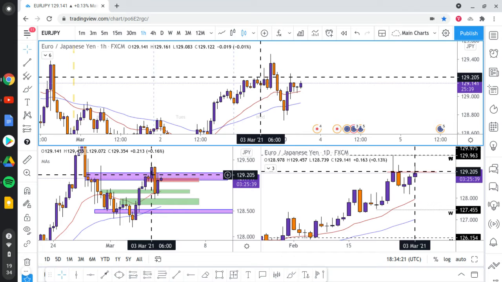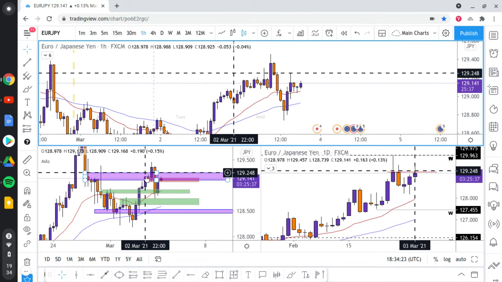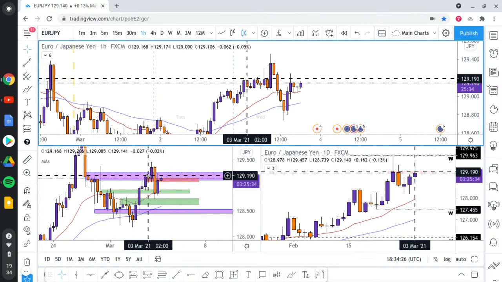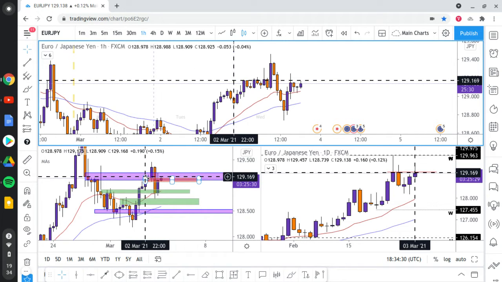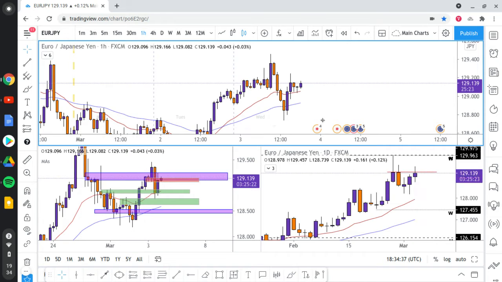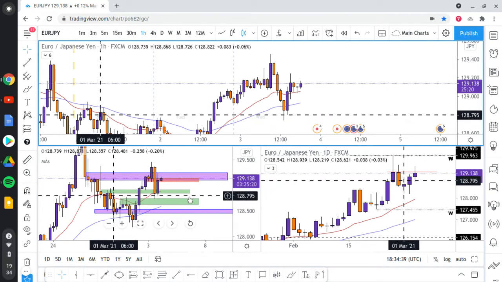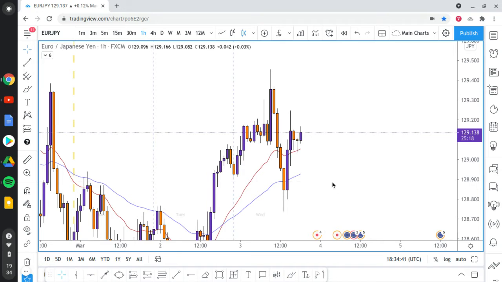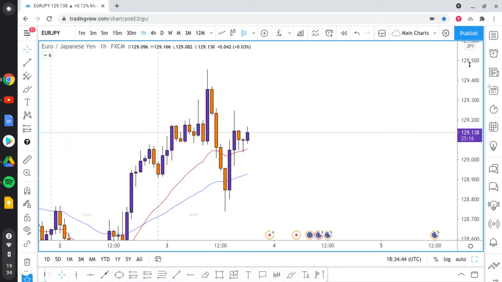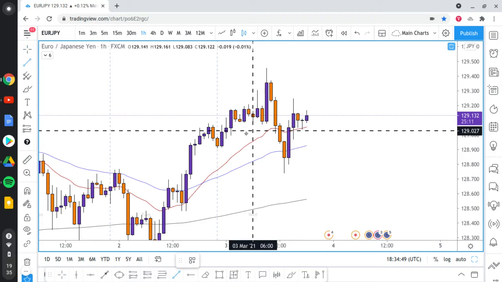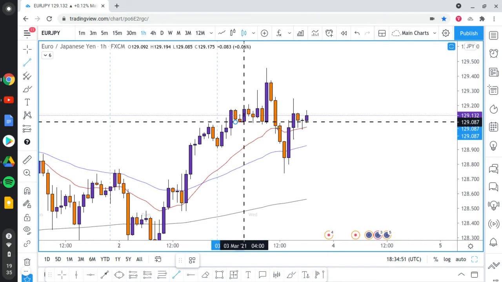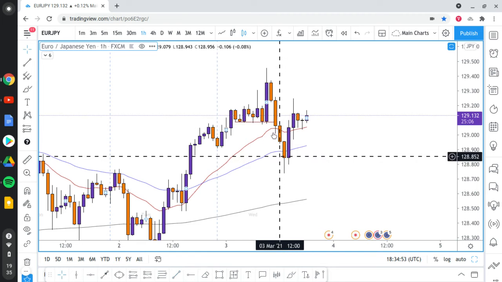So 6 till 10 candle, strong bullish. I was originally looking for basically a pullback, and then I saw this area from the 2 till 6 a.m. I saw that as a potential break and retest area as well, for that immediate momentum move that I was expecting, just a quick pullback and push. So if I go into the 1 hour full screen, you'll be able to see that was my support.